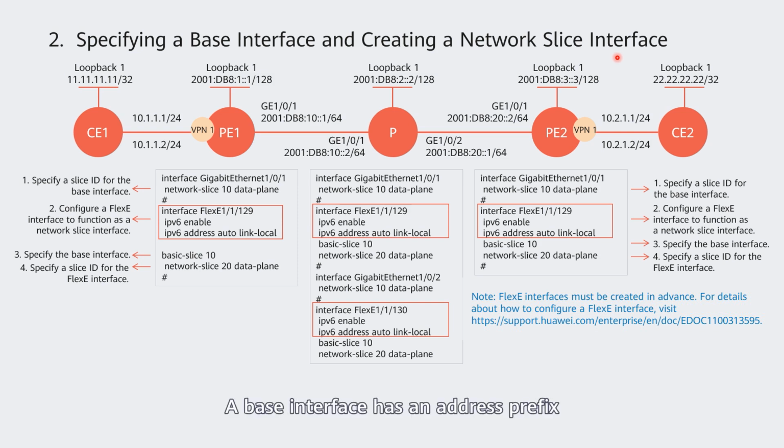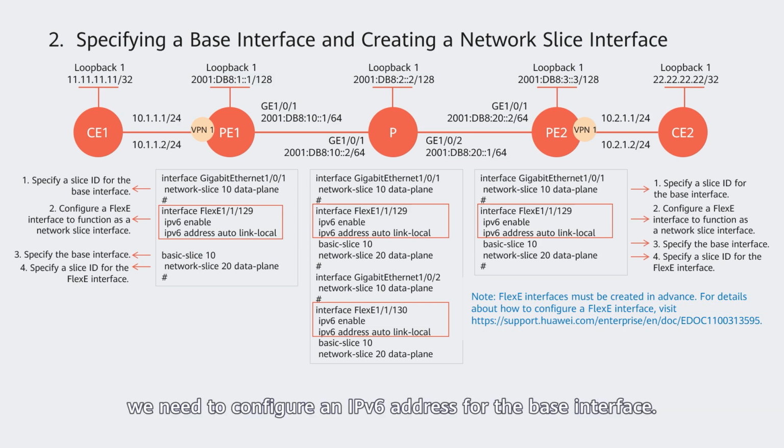A base interface has an address prefix configured for route calculation. It can also be used as a network slice interface. In addition to enabling IPv6, we need to configure an IPv6 address for the base interface. We won't discuss related configurations in this course.